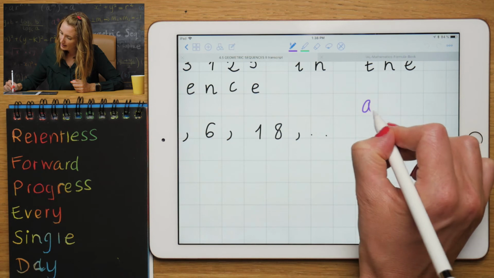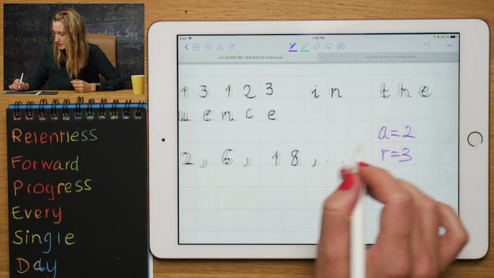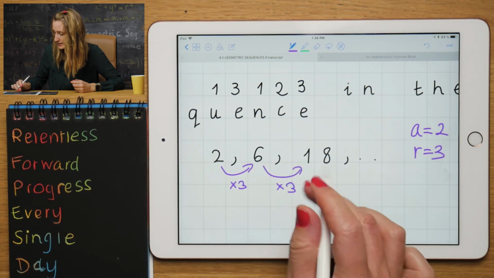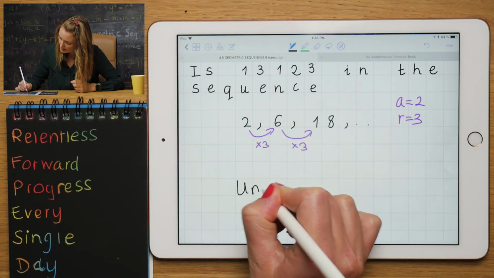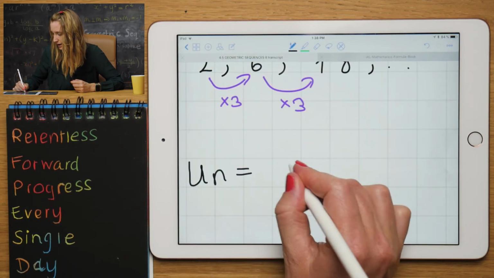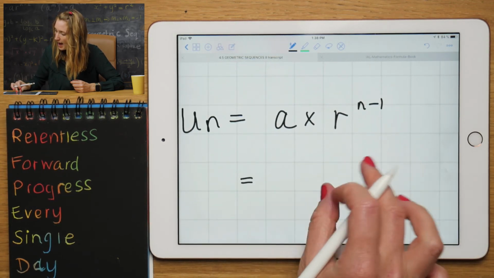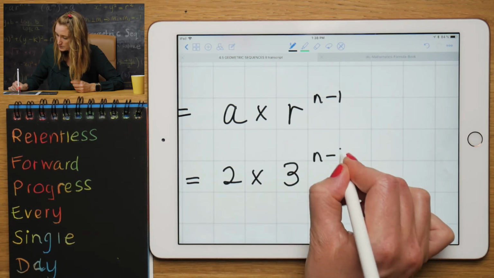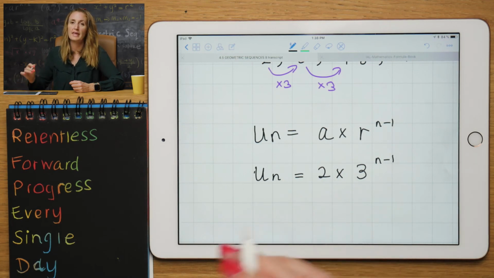We write down our a is 2, r is 3 because 2 times 3 is 6, 6 times 3 is 18, and we write down our formula. u_n is equal to a times r to the n minus 1. So we have here 2 times 3 to the n minus 1. That's our final formula for the nth term.